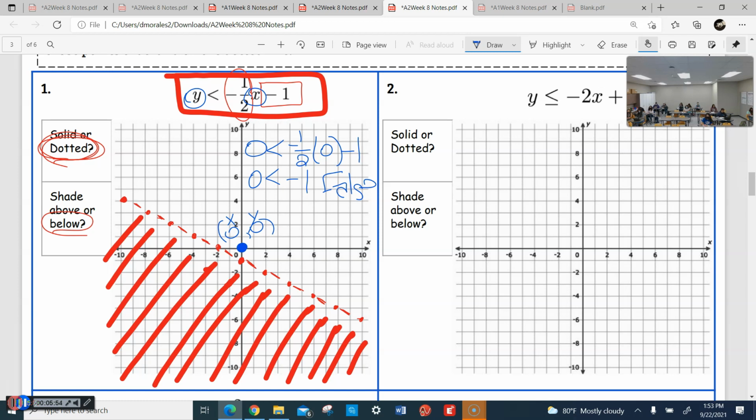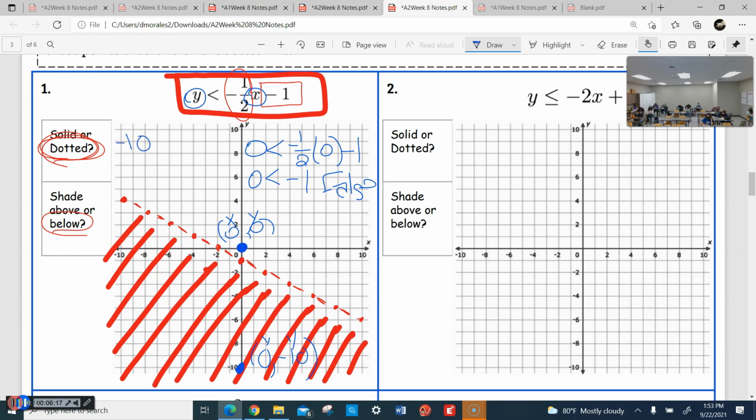Conversely, I can pick a point in the shaded zone and prove that it works. I'll take this point down here. Do you agree that that blue dot I just drew is in the shaded zone? So its coordinates are 0, negative 10. So I'm going to check it and see how the x and the y react when I plug them into the inequality. The y value I have is negative 10.